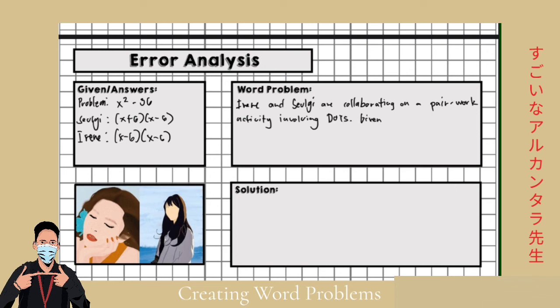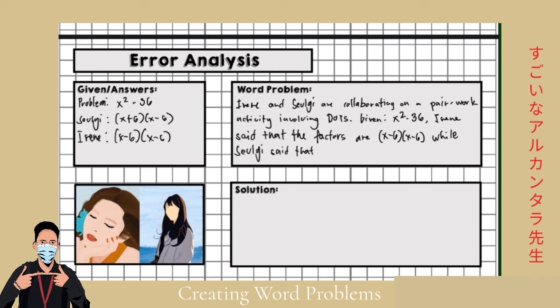Given x squared minus 36, Irene said that the factors are x minus 6 and x minus 6, while Sugi said that it should be x plus 6, x minus 6.